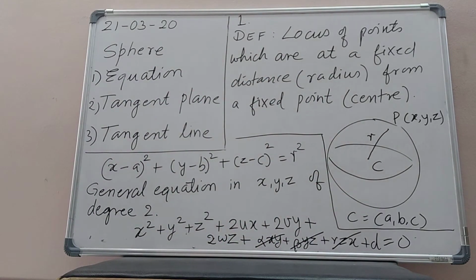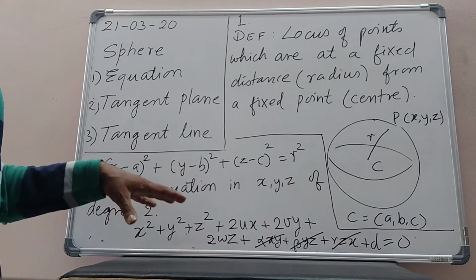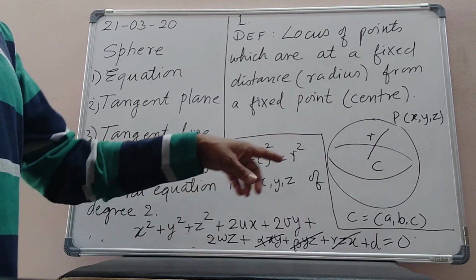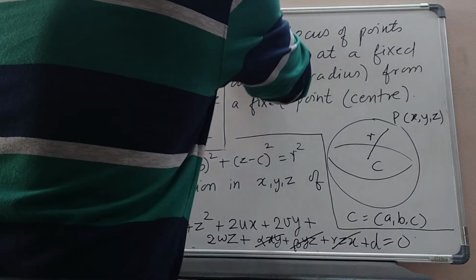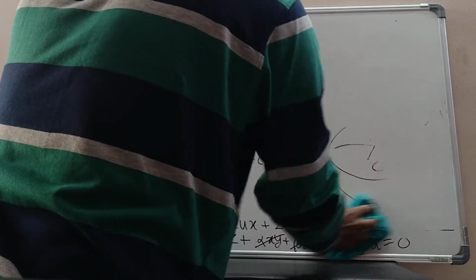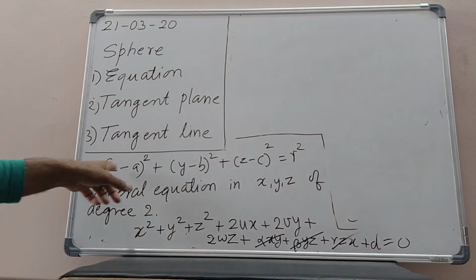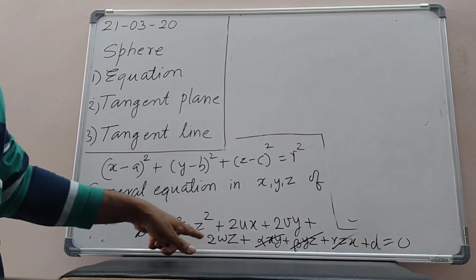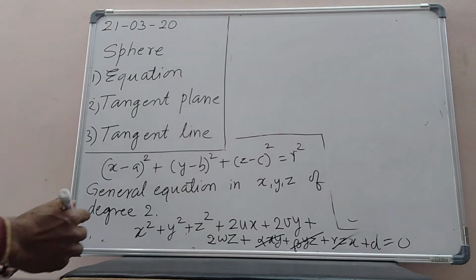Now let us compare these two equations a little more carefully and try to see what should be the condition on u, v, w and d to represent a sphere. The left hand side is a certain sum of squares. I will try to write the left hand side of this equation also in a similar fashion.